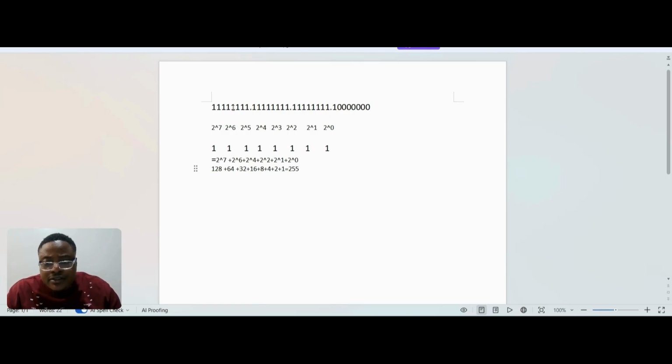To show how I get this, converting binary to decimal: here 1 multiplied by 2 raised to power 7 is 128, 1 multiplied by 2 raised to power 6 is 64, then 32, then 16. So the total is 255.